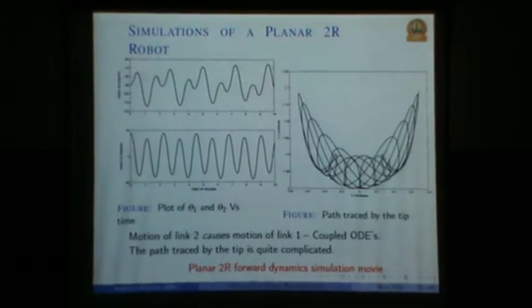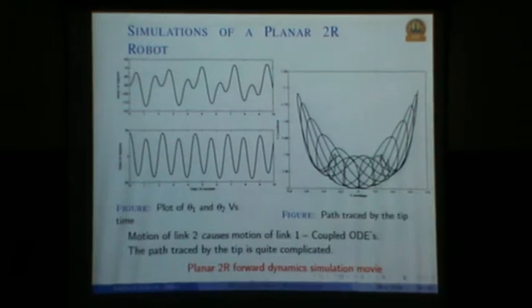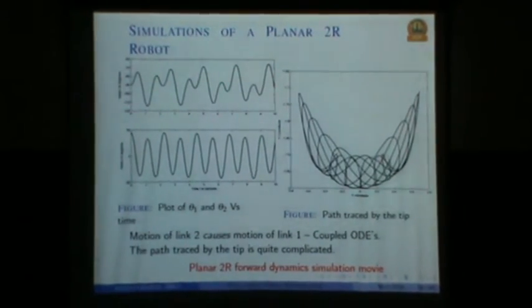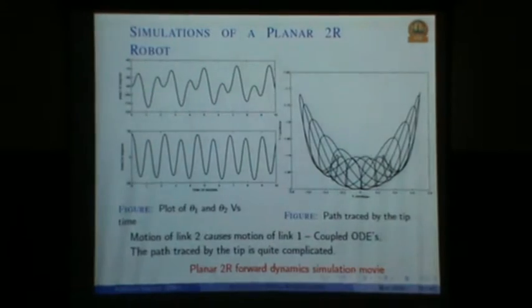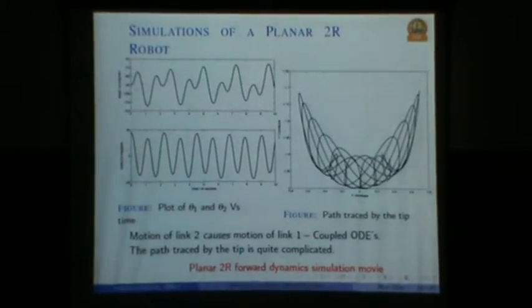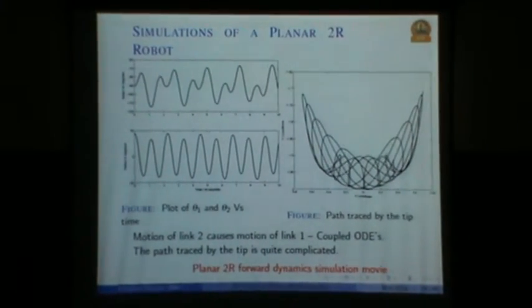This is what happens when you have nonlinear coupled ordinary differential equations. Even if there is no external force, because the two equations of motion are coupled, if anything happens to the second one, the first one will also move. Tomorrow we'll see that this is a big problem in control.